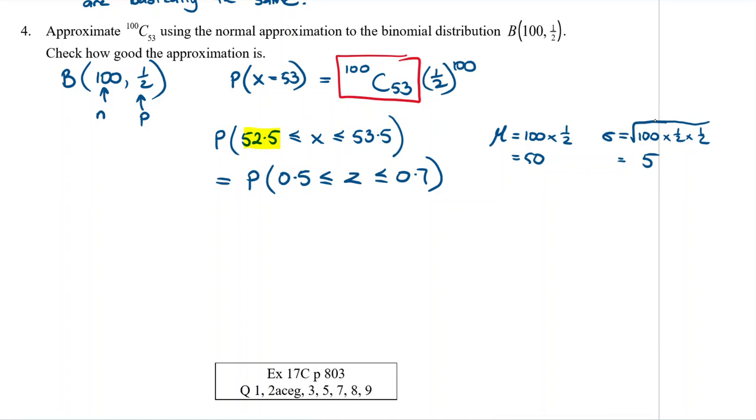All right. So now we're up to our z-scores. Go to your table, please. Now, because they're both on the same side of the mean, here is my rough little sketch. The mean is over here, and we have 0.5 and 0.7 would be slightly above that.